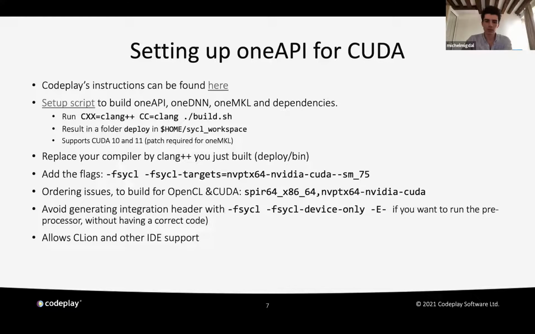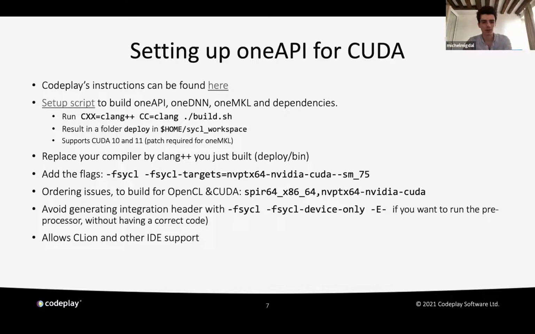So the site will be available later with one command set of script. You run it in your home directory, whatever you want. With CUDA 10, it works out of the box, and it will produce a deploy folder with everything set up inside. Everything will be built, so it might take some hours on a laptop.